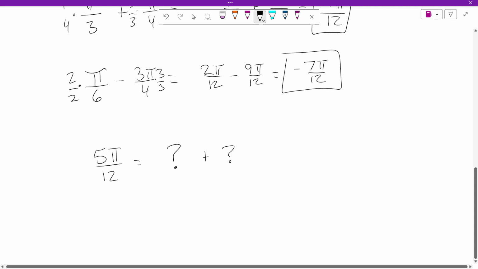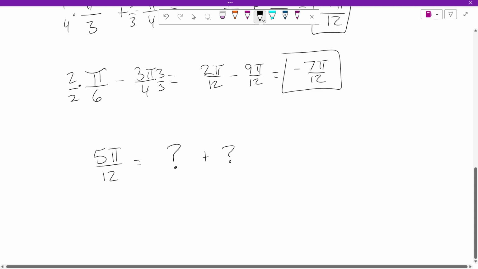Oliver Meyer, did you lose your unit circle? Somewhere in there. All right. Oh, good. So, we have to decide what two numbers on your unit circle make 5 pi over 12.